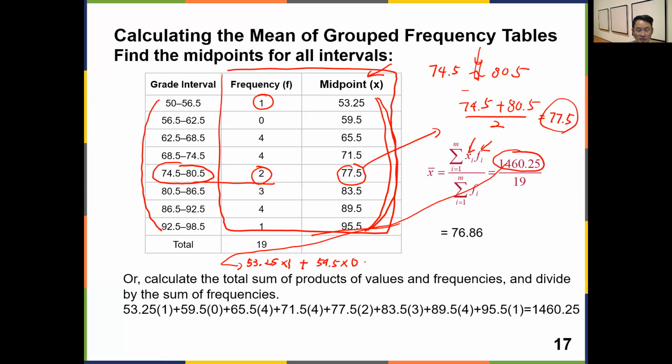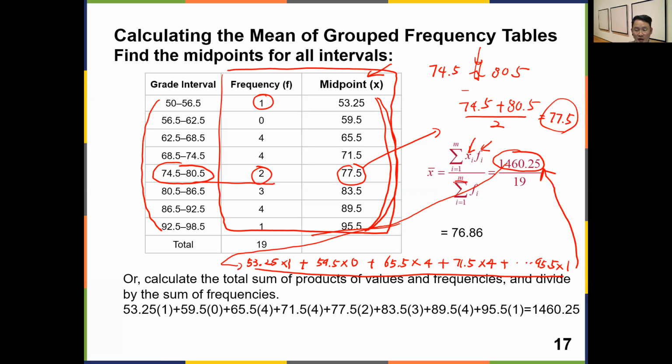In that case, the whole thing just becomes 0, plus next midpoint 65.5 times the frequency 4, plus 71.5 times 4, plus, you get the idea, right? All the way up to the last one, like 95.5 times 1. So if you type this one in your calculator, this is what you're going to get.